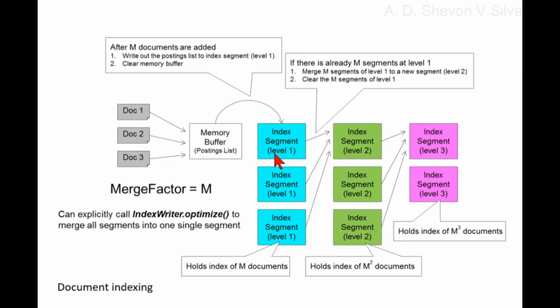Walk the posting list from both S1 and S2 together in sorted term order. For those non-common terms that appear in one of S1 or S2 but not both, write out the posting list to a new segment S3.